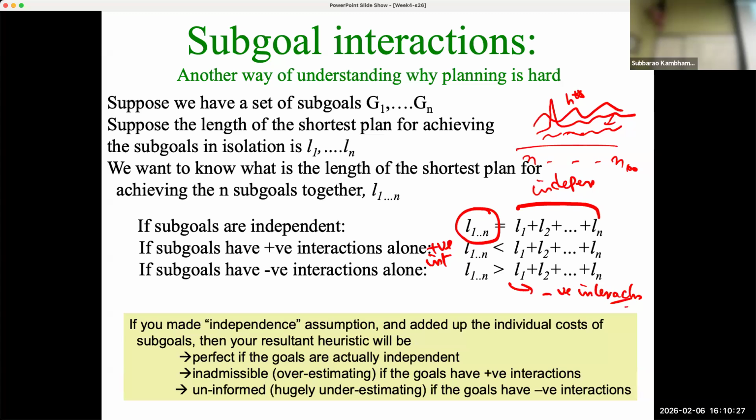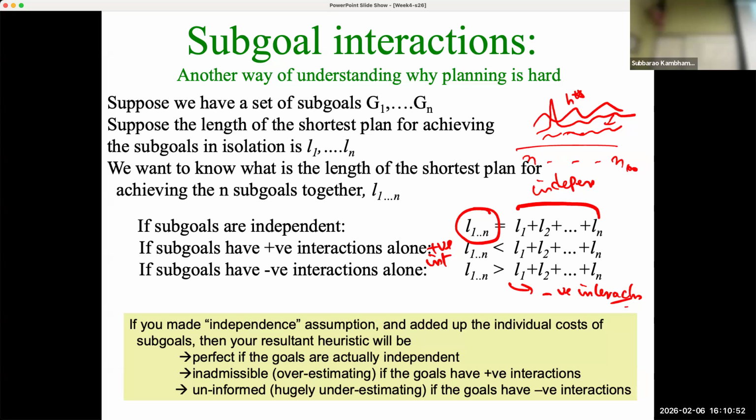It's the minimum of all the... not that. How do you say that in mathematical notation? Max. Right? Essentially, L1 to n is at minimum the max of L1 to Ln. You need to do one of them. Just because there are extra goals doesn't mean you don't need to achieve any other goals.